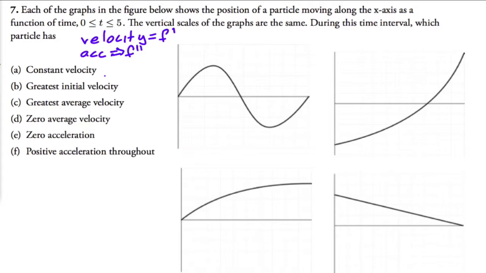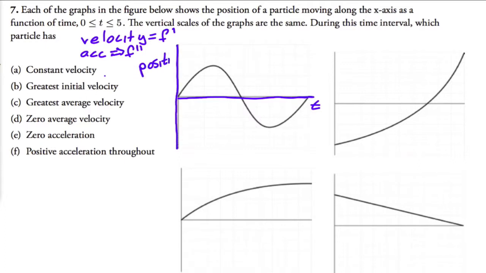So the goal here is we have several different graphs, and they show the position of a particle moving along as a function of time. So here the x-axis is time, and the y-axis is the position.